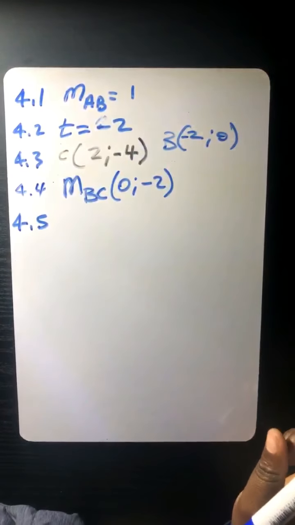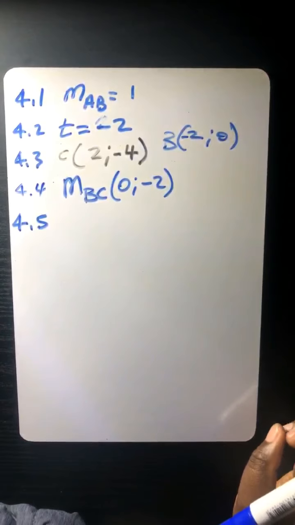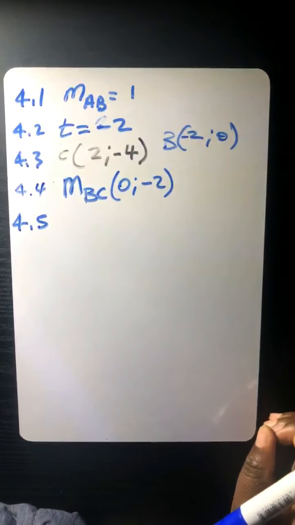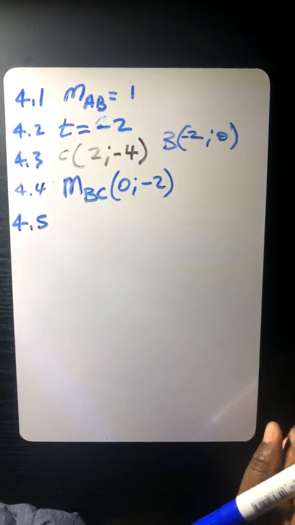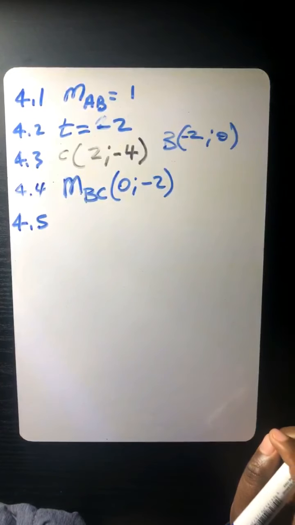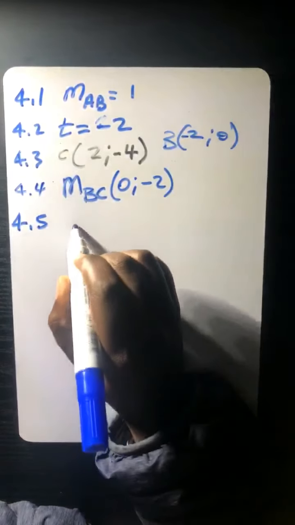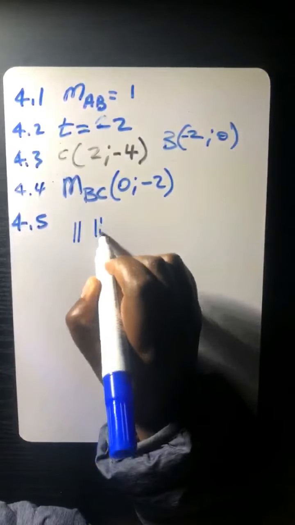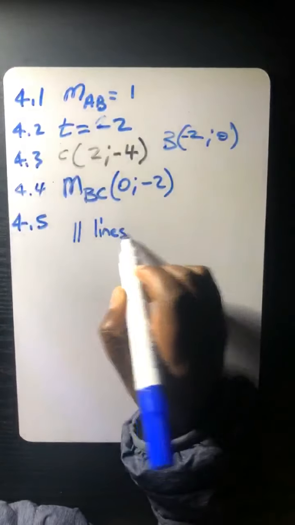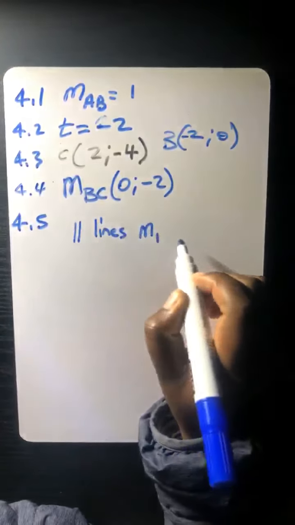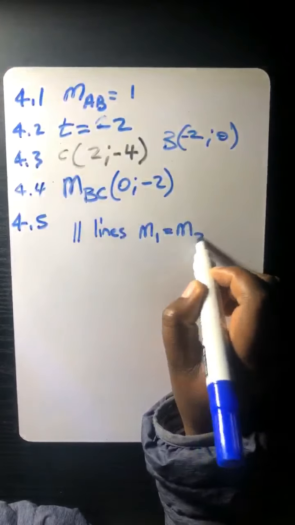So let's see. Question 4.5 says determine the equation of a line parallel to AB passing through point C. So remember that for parallel lines, the gradient of line 1 equals the gradient of line 2.